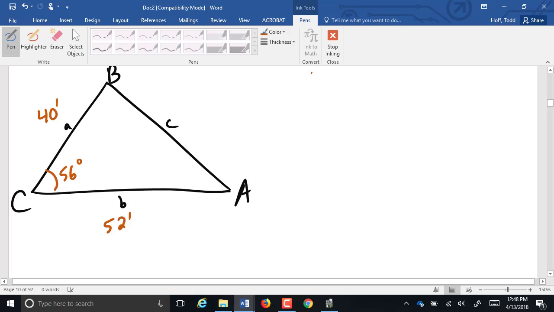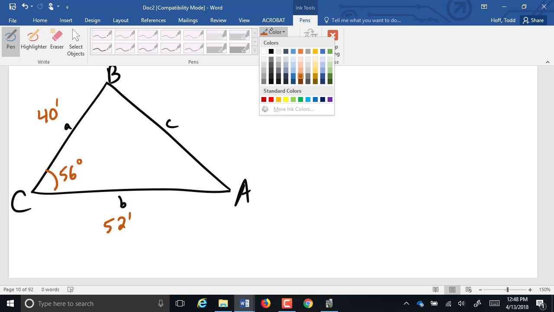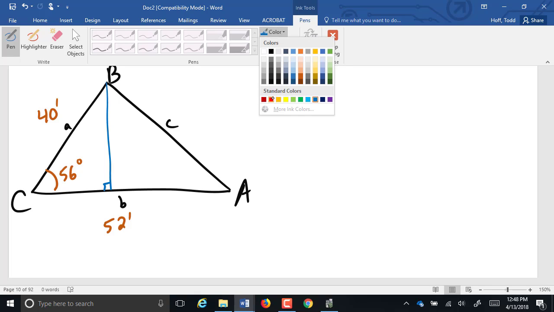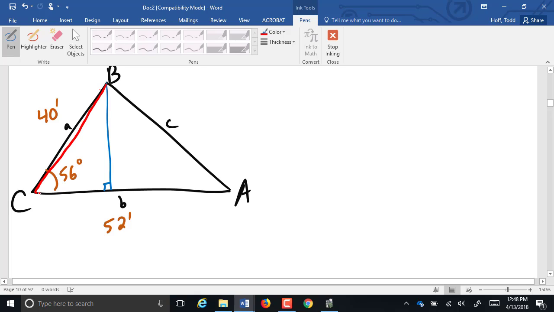To find the area of a triangle, I need a base and I need an altitude that is perpendicular to that base. So if I'm using that blue line as my altitude or my height, how could I find the length of that? Well, since an altitude by definition forms a right angle, we have a right triangle here.